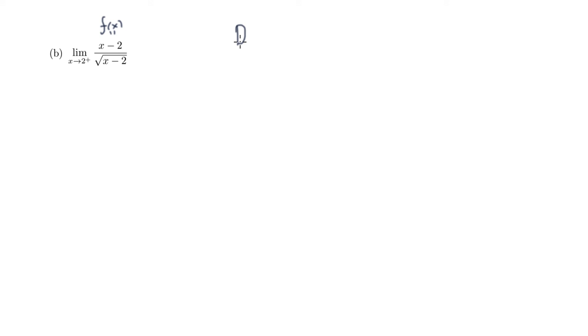Well, the domain of f, what are the numbers I can plug in for x? Well, first of all, I can't plug in 2 because that's going to make the denominator 0. And I also can't plug in any number less than 2 because that's going to make a negative under the square root. So the domain here really is just 2 to infinity.